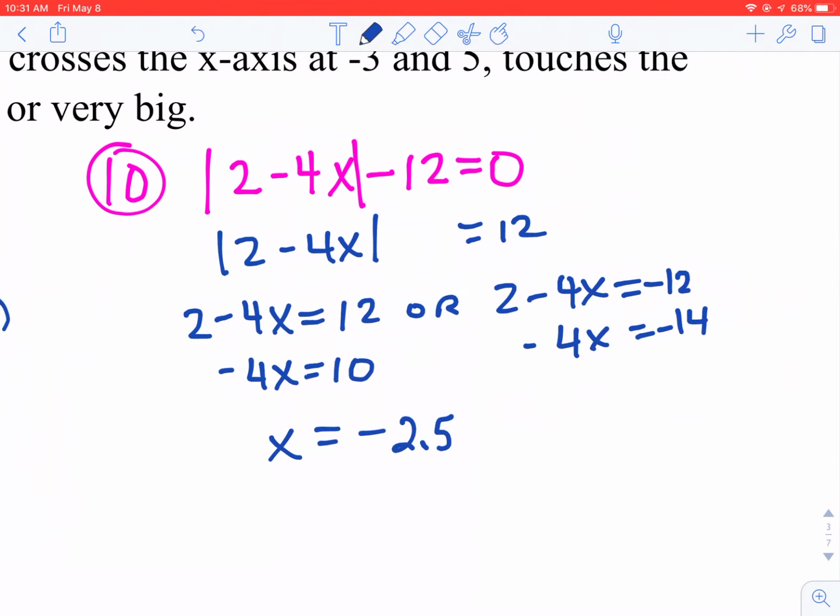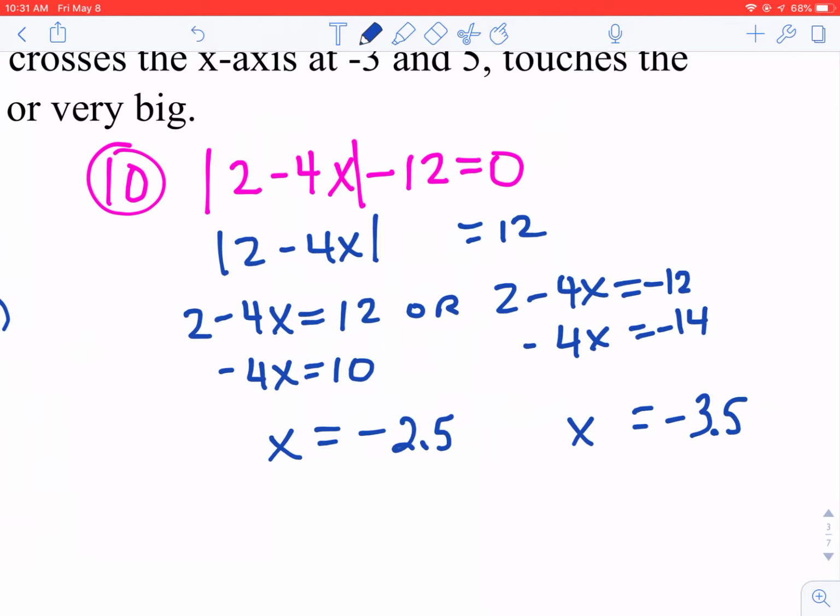And divide by negative 4 here. X equals negative 14 divided by negative 4. Negative 3.5. Really? Is that right? Could be.